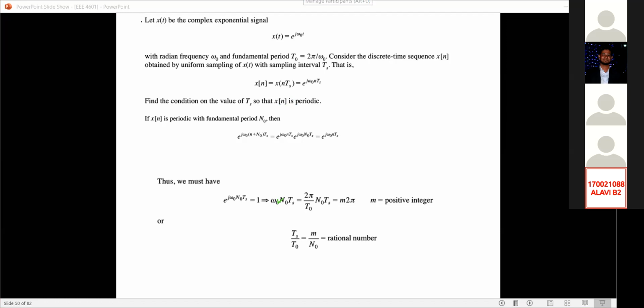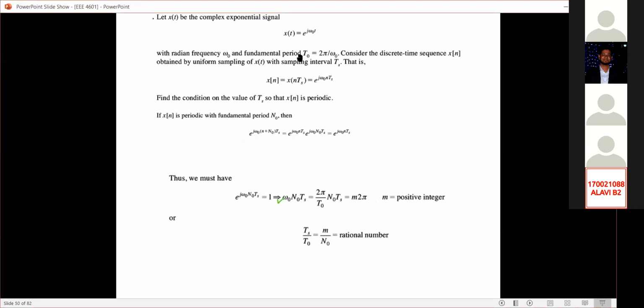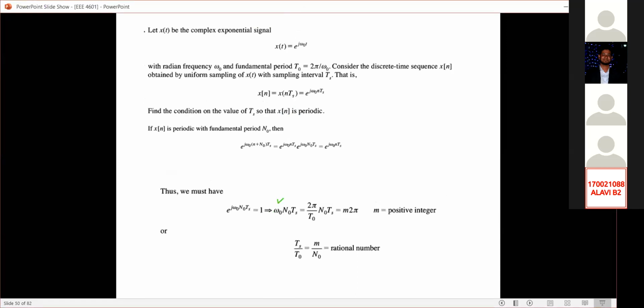So consider, we are not considering cosinusoidal and sinusoidal signals generally. We are considering an exponential signal in general. That complex exponential signal contains both cosine omega 0 t plus j into sine omega 0 t, so this analogy is very general.